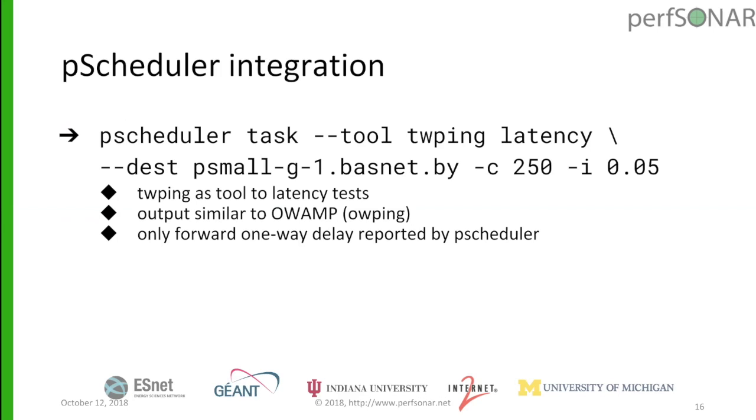You ask pScheduler to perform a task using the TWPing tool. It's a latency test, and the destination is this host in the BASnet network. And again, all the parameters, or most of the switches that you can use with TWPing, you can give to pScheduler, which will pass them along to TWPing.